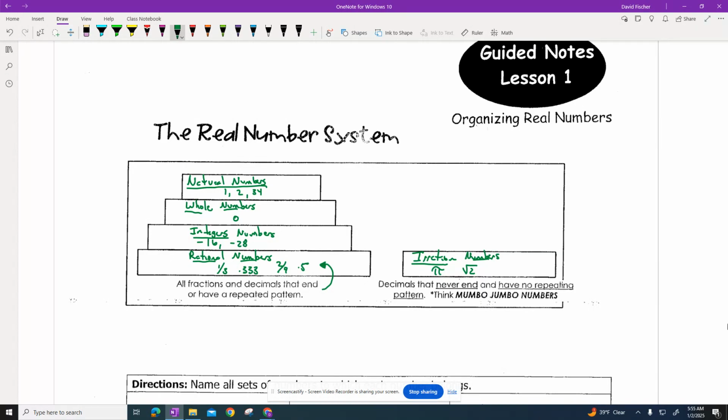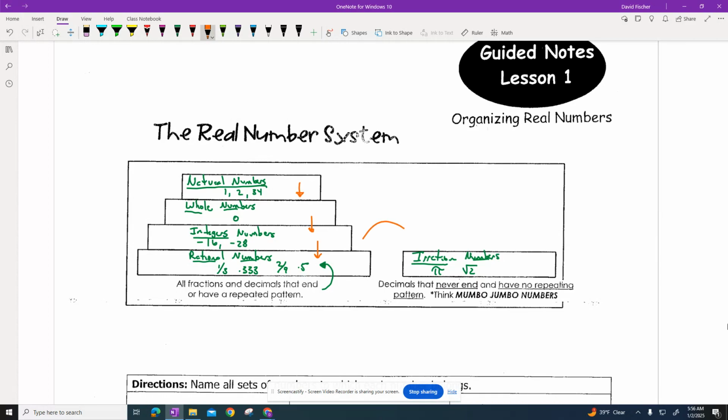Okay? Now, very, very important how this works here with my pie system, or cake system I might kind of call it, is these numbers can only fall down into the next box. So when they ask us what are all the categories a number can be, and I'll explain this in a second, the numbers can only fall down.